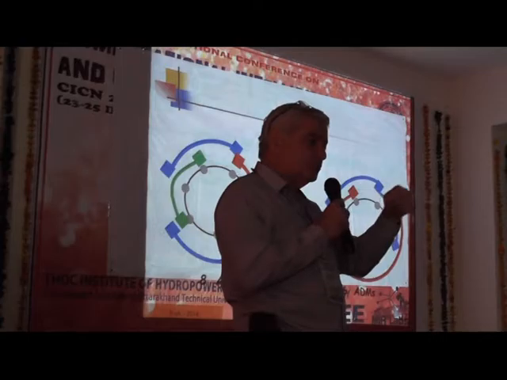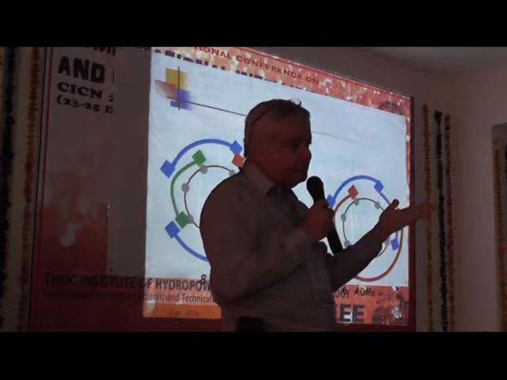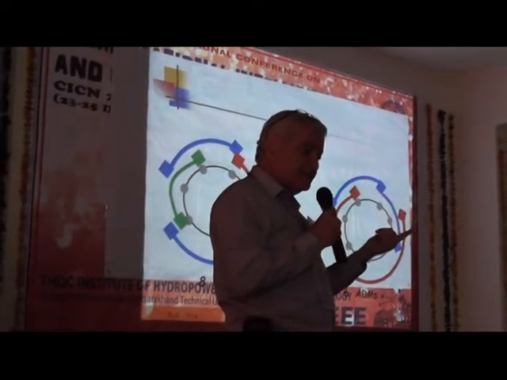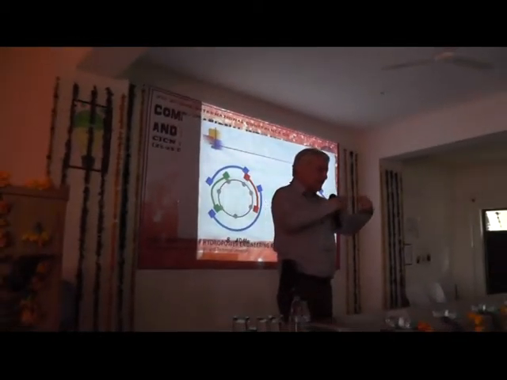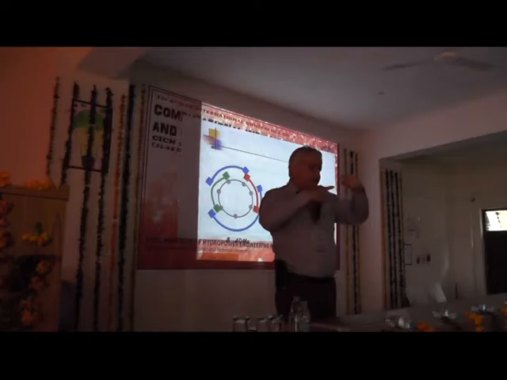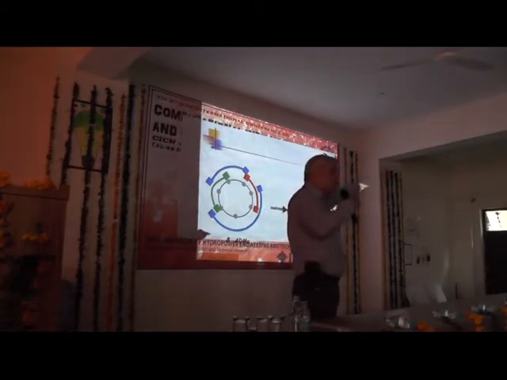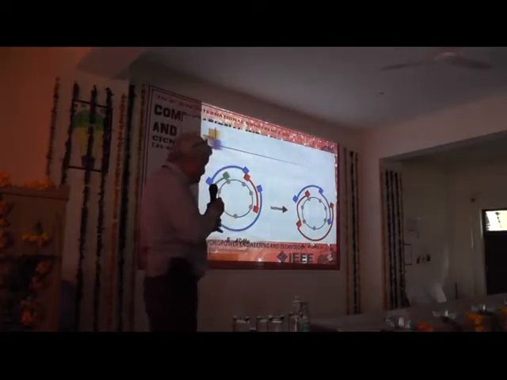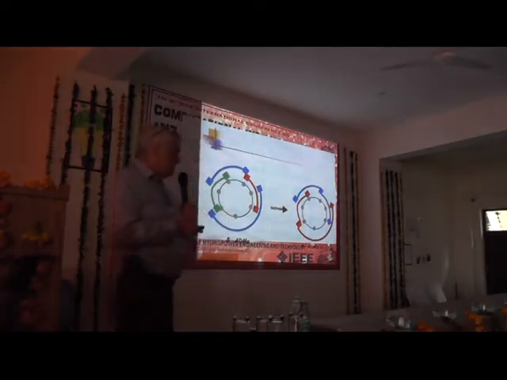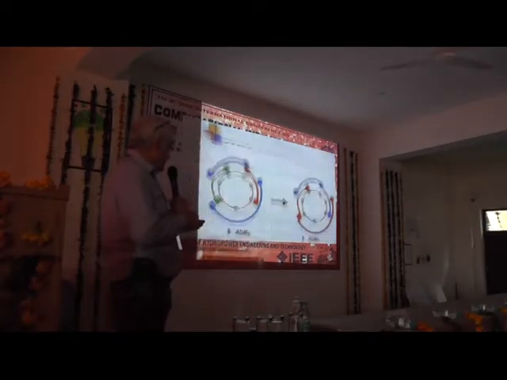Each path needs 2 boxes, so altogether I need 200 boxes. Where can I save? If I color this path and this path red, and they meet at one point, and altogether they make one continuous path, then I can save one box. So altogether, I can save many boxes.